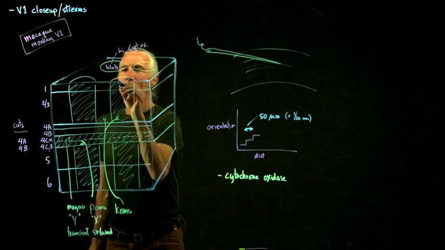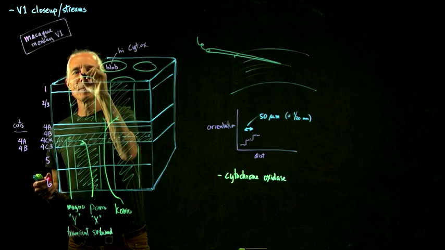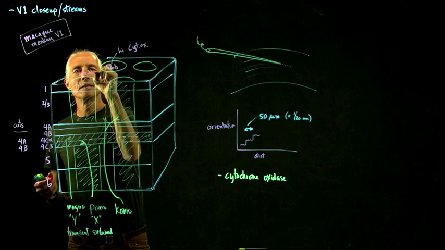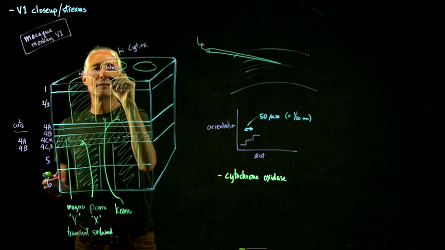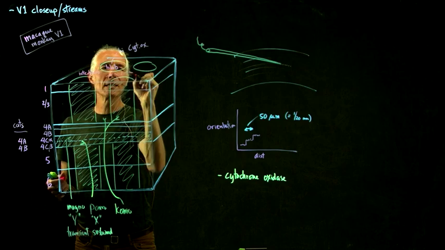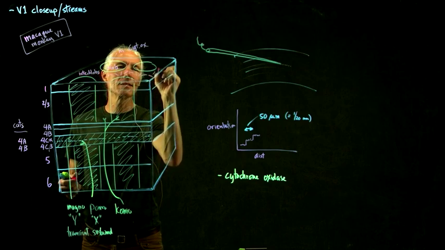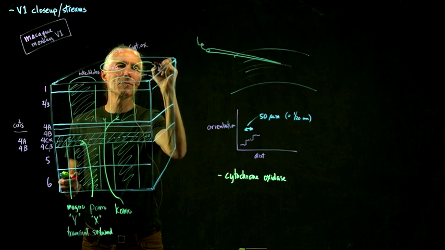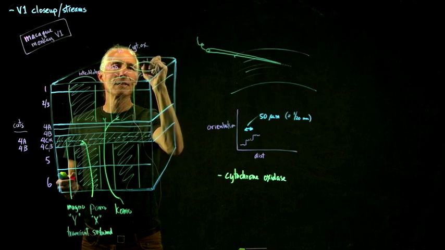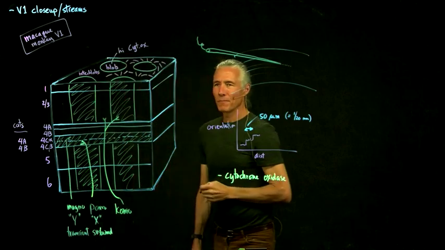It turns out if you go into the area in between called the interblobs and then record, you'll see there are different orientations as you move across the cortex. So that's what these things are supposed to represent: what is the orientation that is preferred?